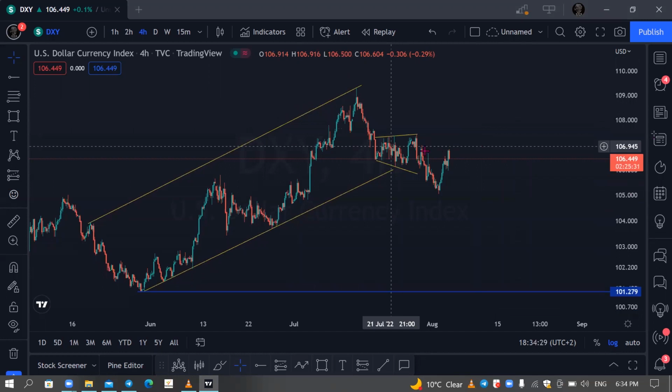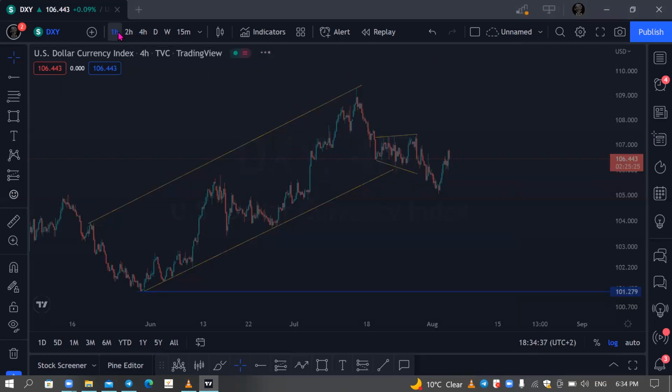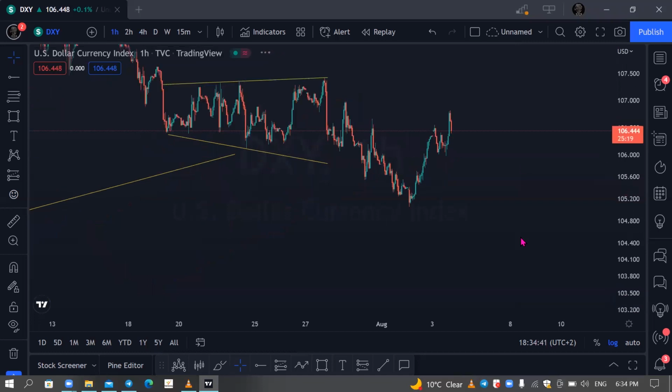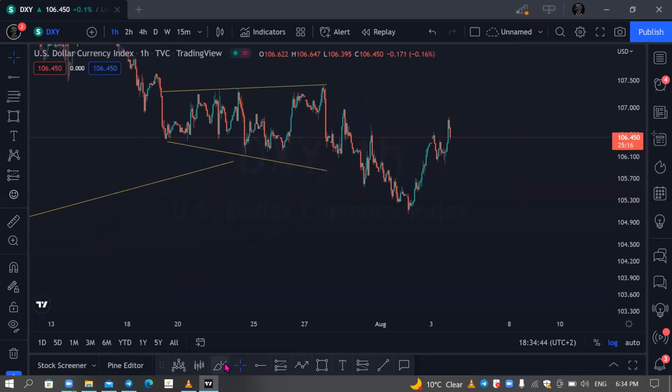So apparently the dollar was around these zones when we were looking at it. What happened is that I was expecting the market to start pushing, somewhere around here.